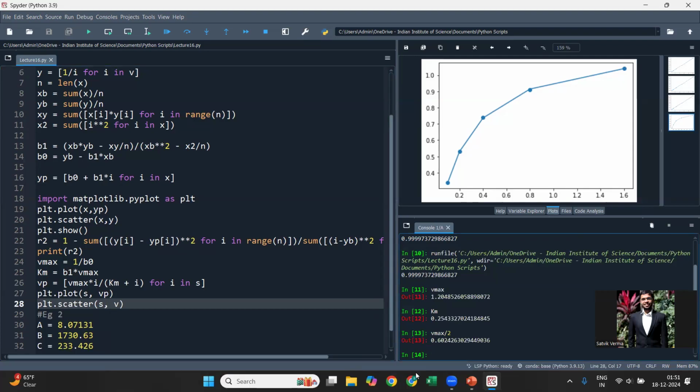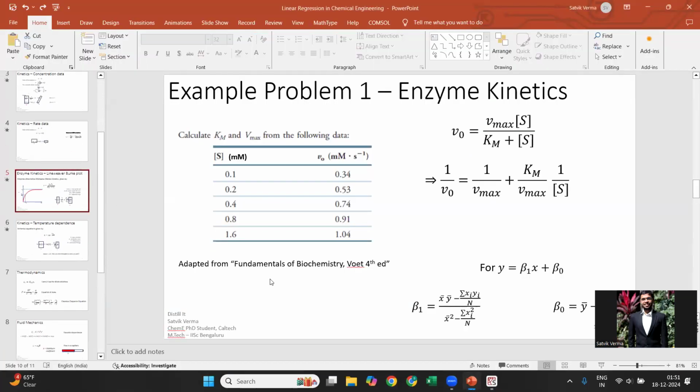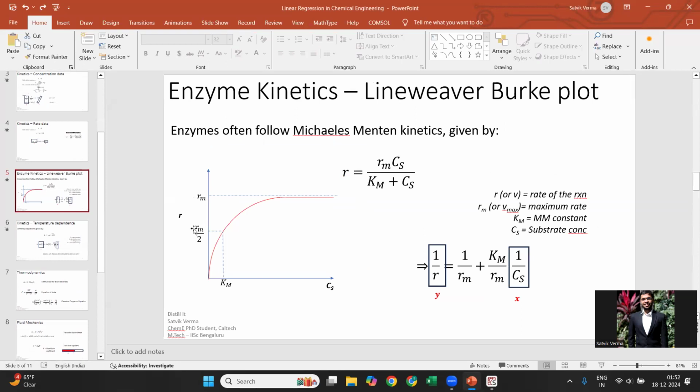Yeah. So that is what we had seen in our slides as well, that corresponding to rate equals Vmax by 2, the substrate concentration becomes equal to Km.